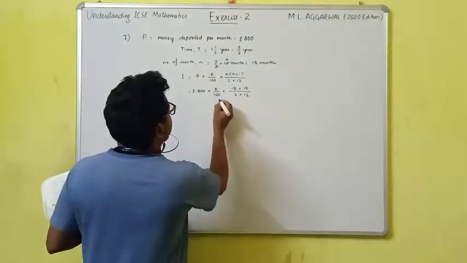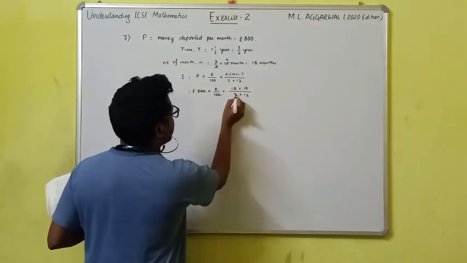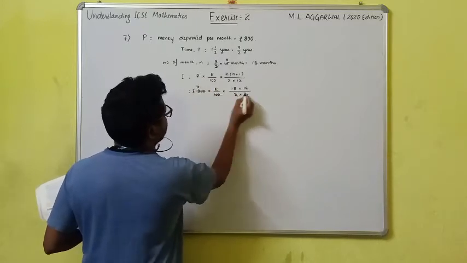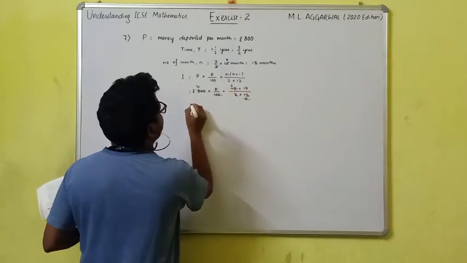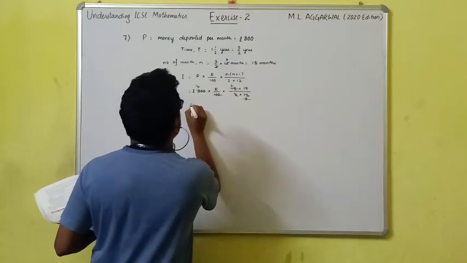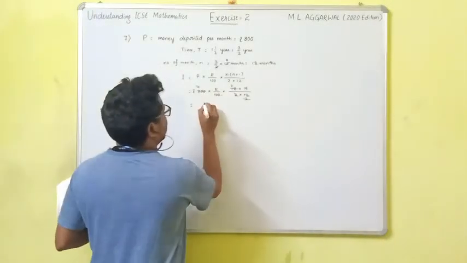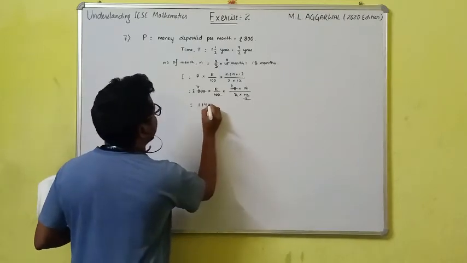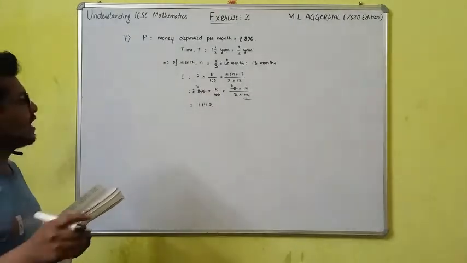Now we can cancel these two. Then 2 fours are 8, 4 threes are 12, then 3 sixes. So 19 into 6 will be 114 R. So your interest will be 114 R.